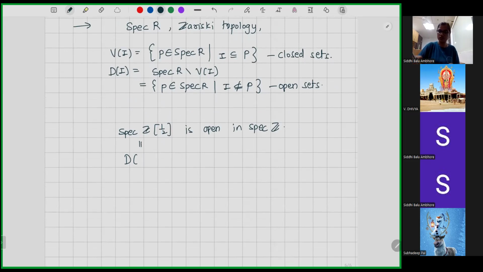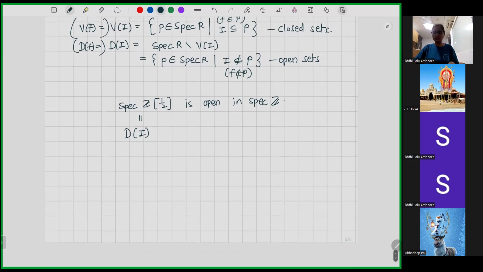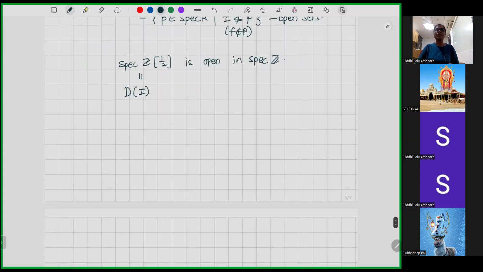Instead of the ideal I, we can just choose some element F, and write D(F) as those P such that F does not belong to P. So for some element or ideal or radical ideal, can we write it? Exactly, as Subhadeep pointed out, it is D(2), the element 2 or the ideal generated by 2.